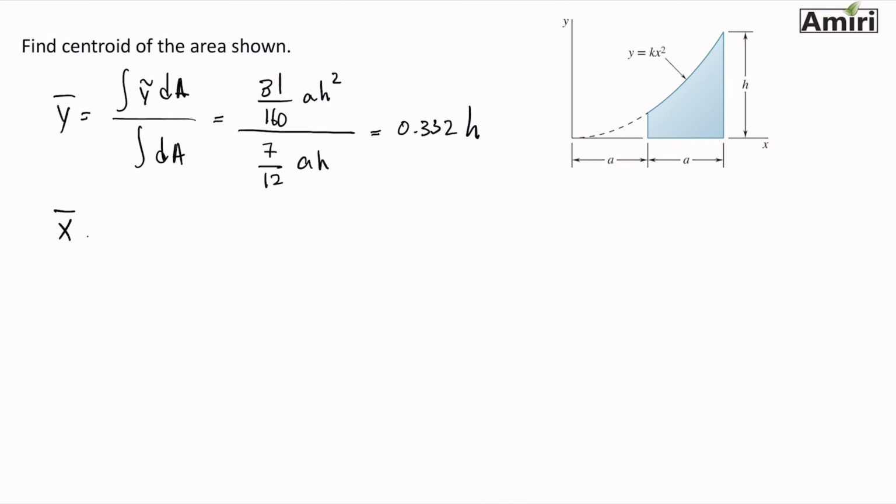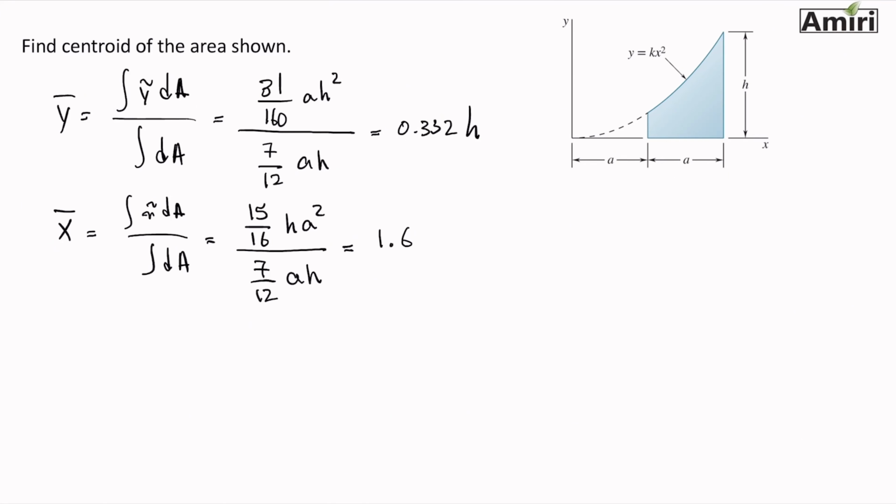And then x bar, the integral of x tilde dA over the integral of dA. If I plug in what I calculated on the previous slide here, I will have 15/16 h a squared over 7/12 a h, or ha, and this will result in 1.61a. Thank you very much.